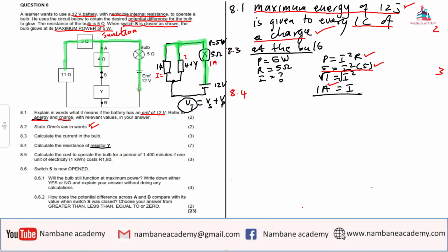It brings me now to what I have written down. I said refer to where you are in the circuit. So hence I will forever be referring that I'm at the bulb, I am at the 14 ohm resistor.